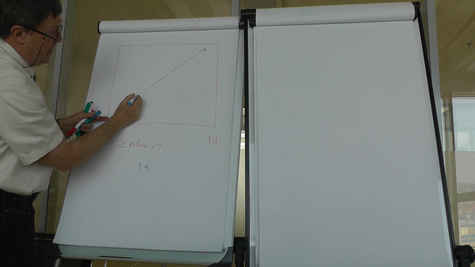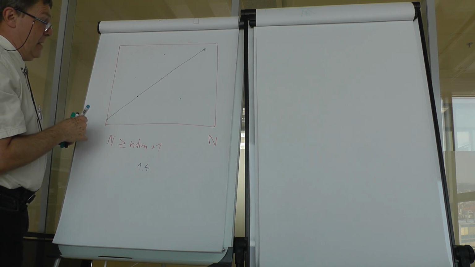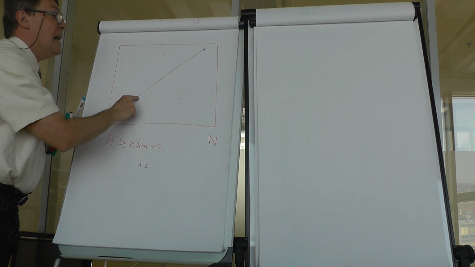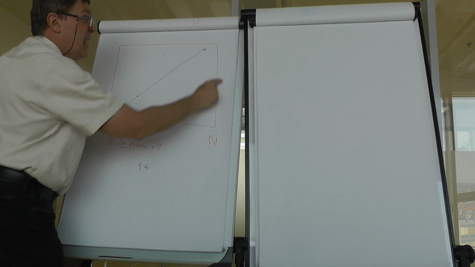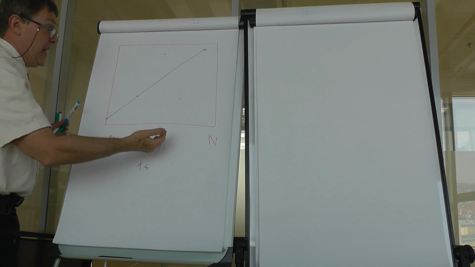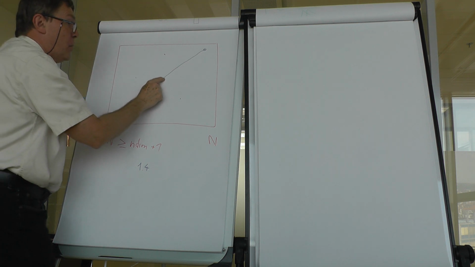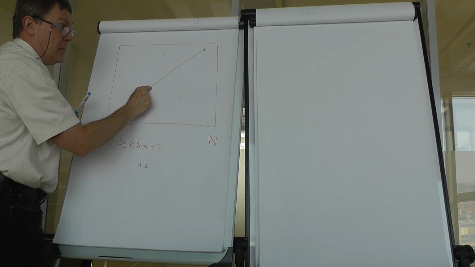So if it's not that case, we will move it here. And again test, is it within margins and is it better than the old one? If yes, we will replace this point by this point. If not, we will move it 1/2 to the center.